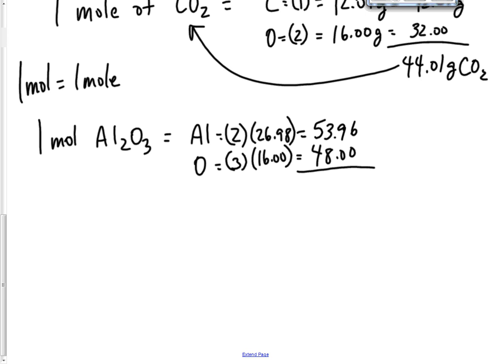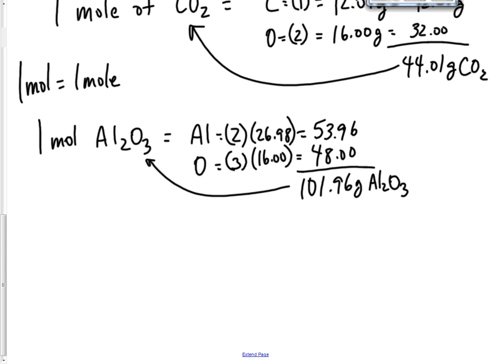So when we add those together, we have 101.96. Okay, so 101.96 grams of aluminum oxide is equivalent to 1 mole of aluminum oxide. Okay, so that's how we find the mass of 1 mole.